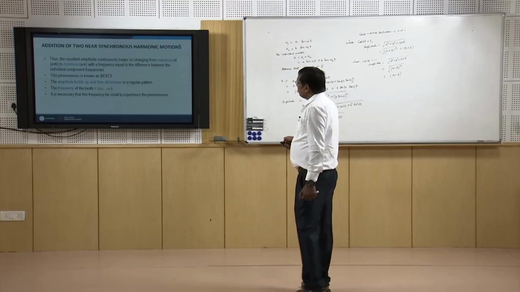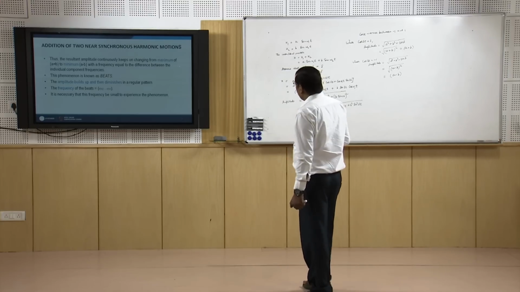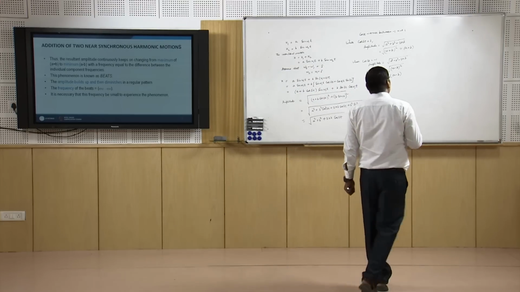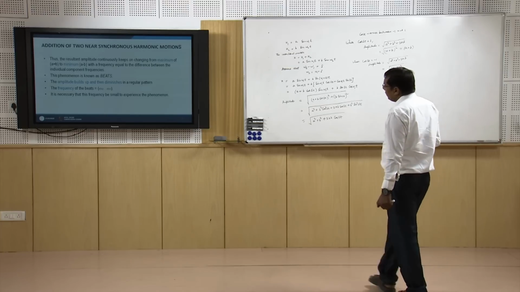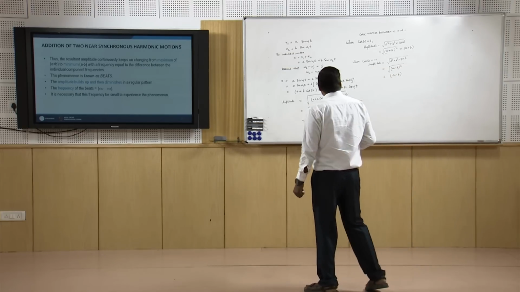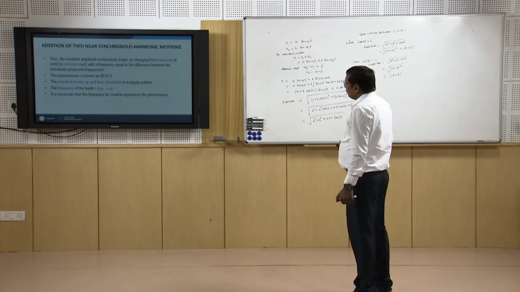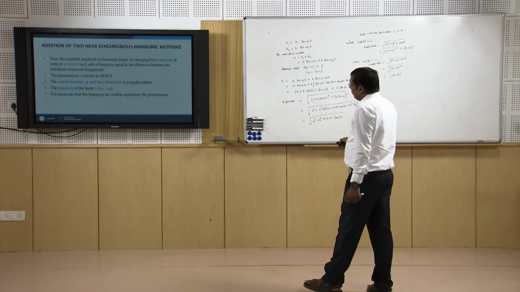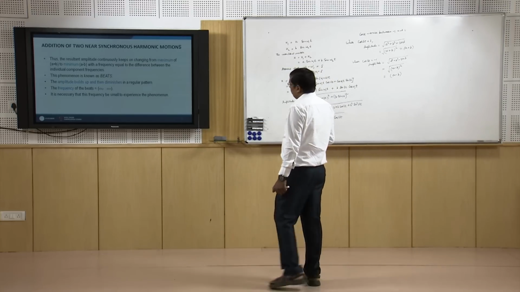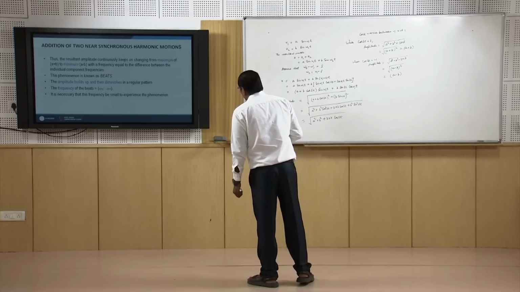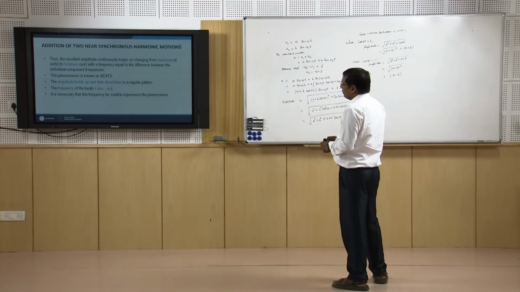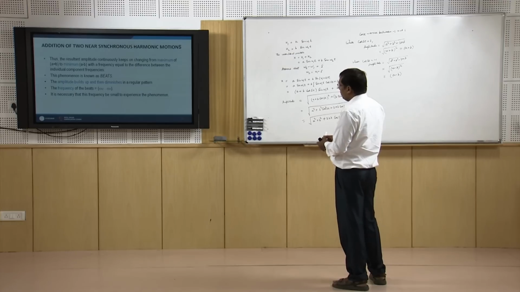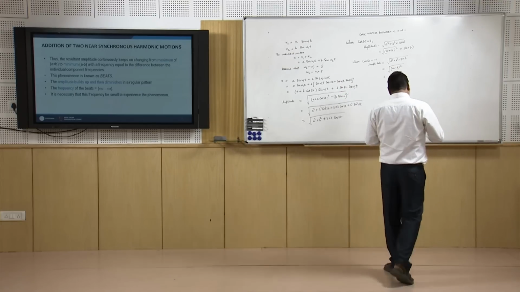So resultant amplitude continuously keeps on changing from maximum, that is a plus b, to minimum, that is a minus b, with a frequency that is equal to the difference between the individual component frequencies. So this phenomena is known as beats.